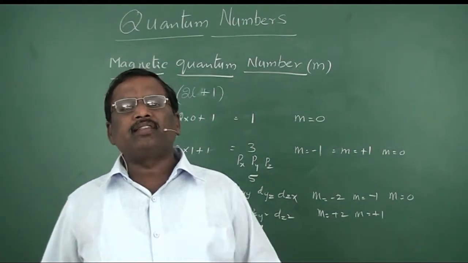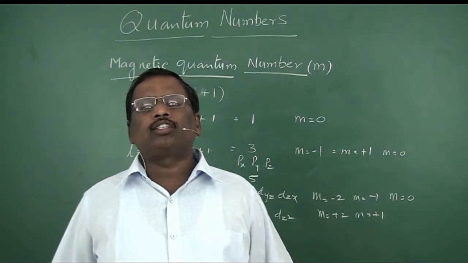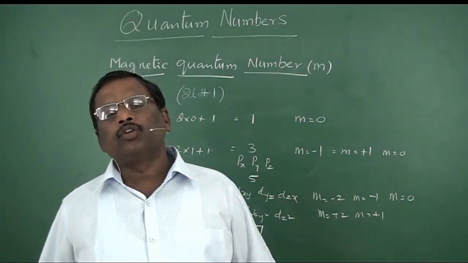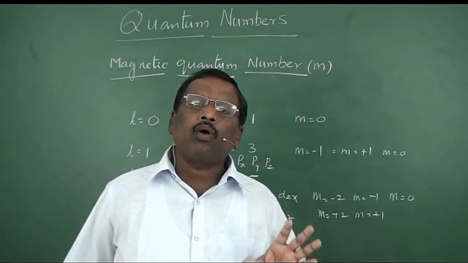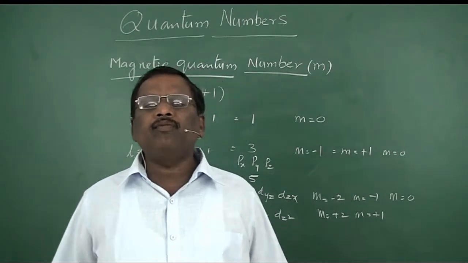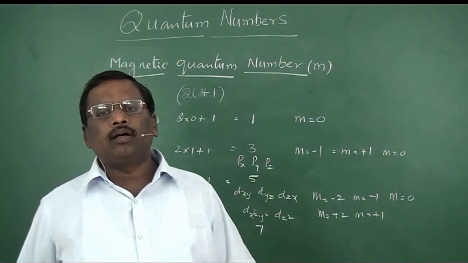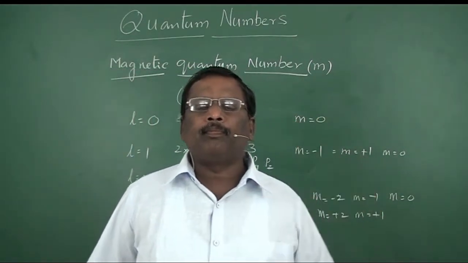This explains the orientation of orbitals or the spatial arrangement of orbitals in an atom. So this quantum number is also called the orientation quantum number. The other name for the magnetic quantum number is the orientation quantum number.